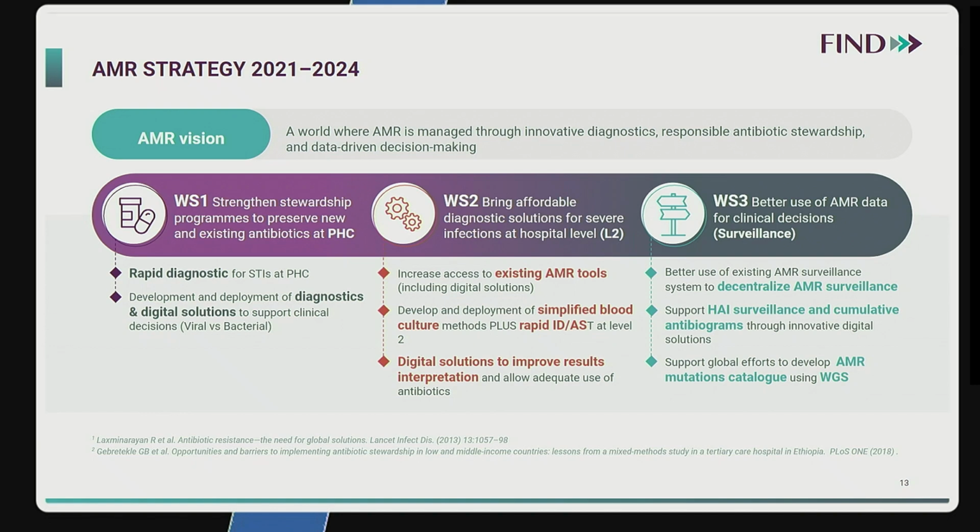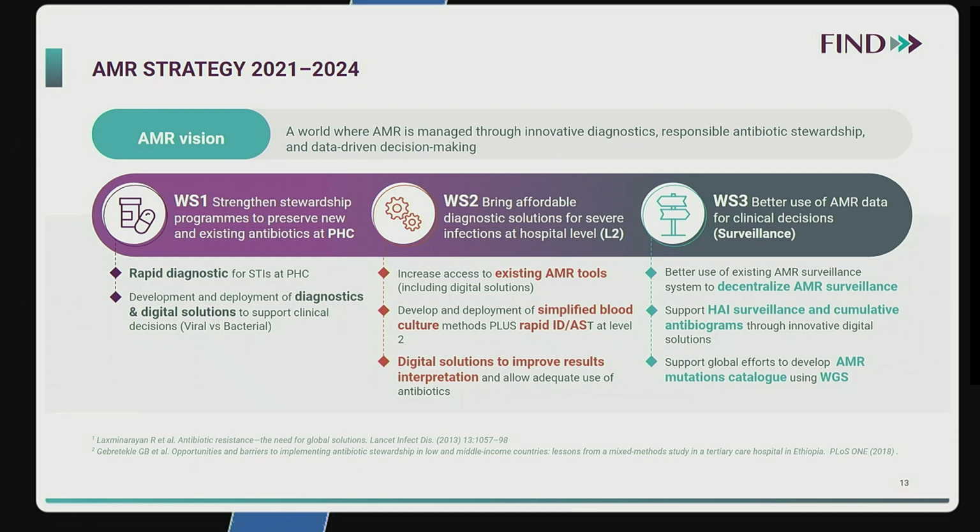So at FIND, we are developing our strategy based on these pillars. The first pillar is basically what can be done, what are the gaps, to strengthen stewardship programs to preserve new and existing antibiotics at a primary healthcare level.